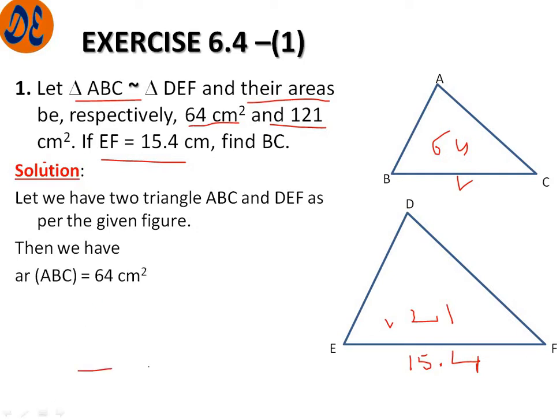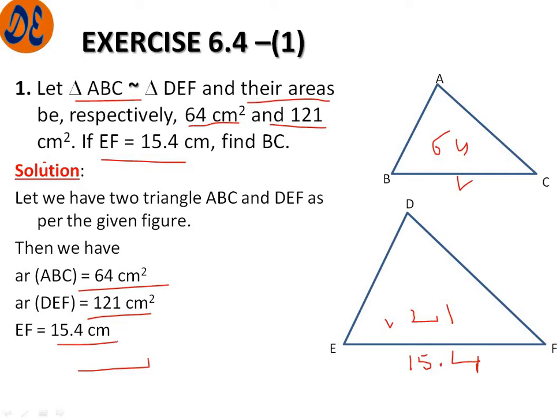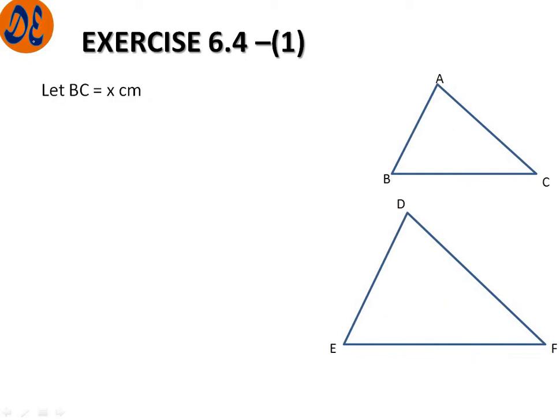Area of ABC is 64, area of DEF is 121, EF is 15.4. Then we have to find BC. So let BC be equal to X. We are assuming BC as X.